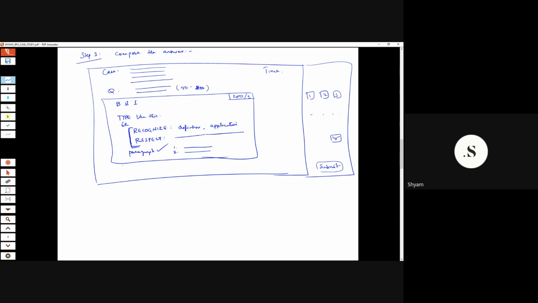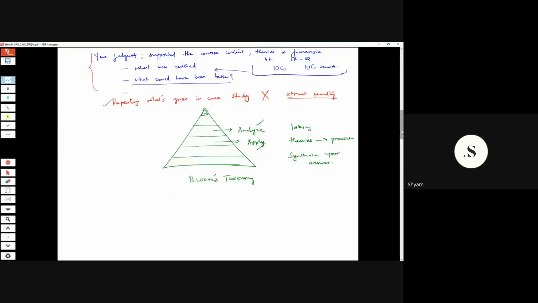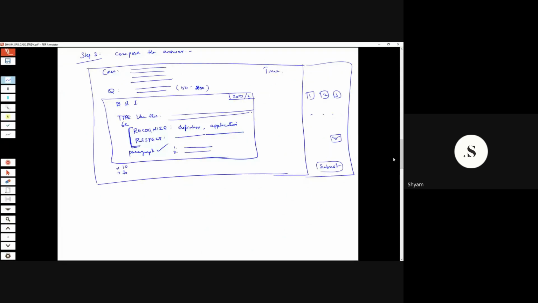Rows, I think 10 rows and 70 columns is what the QP team have configured. So there would be enough space that you will be able to see the whole sentence that you are typing without any break. But if you are able to identify the question and the issues properly and you want to make your answer really crisp, it is okay even if you type it in a lesser number of words.